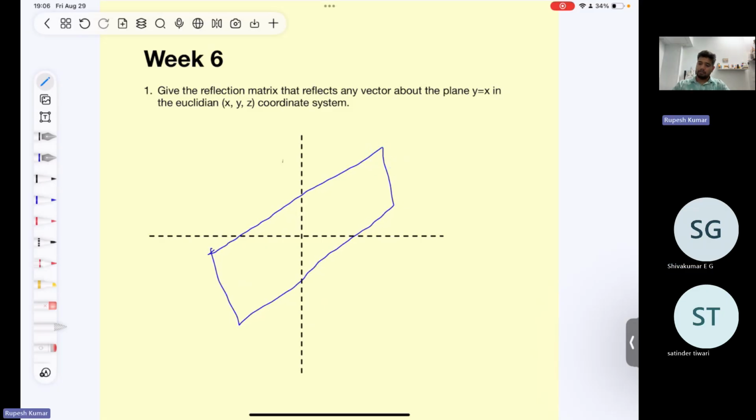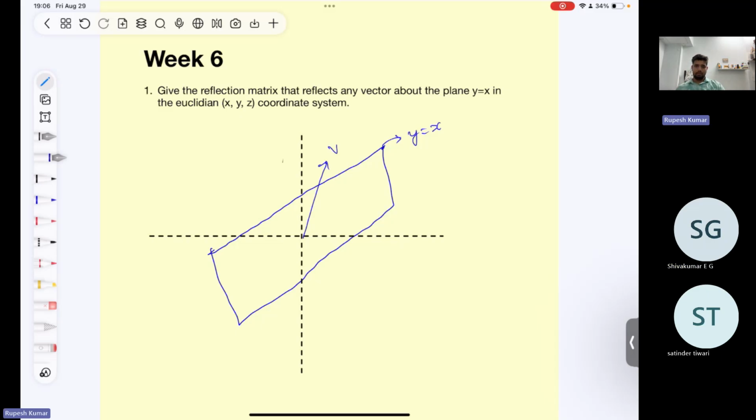Fine, so this is the plane y equals x, right? And we want to find the reflection matrix that reflects any vector v across this plane.